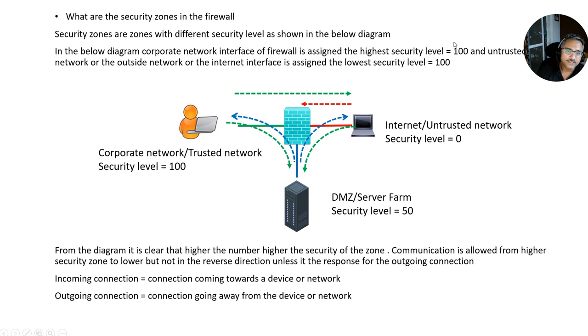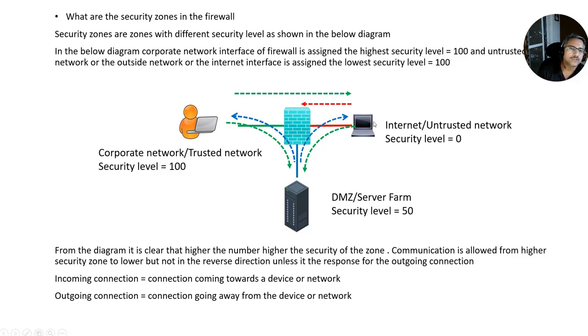So now from this diagram, it is very clear that traffic from a higher security zone is always allowed to a lower security zone, but not the reverse way. If you want to allow it in the reverse way, then you will have to give limited access.